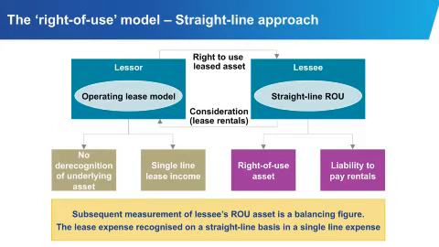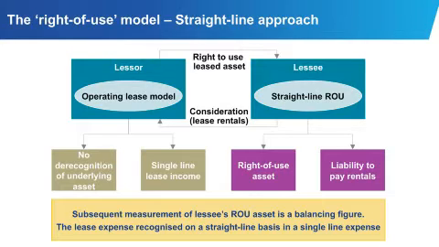Now let's turn to the straight-line model. Again, firstly, for the lessor. A revised version of the operating lease model is retained, similar to the current operating lease accounting. The lessor would continue to recognise the underlying asset and recognise lease income over the lease term. The lessee will again apply a right-of-use model, a straight-line right-of-use model.